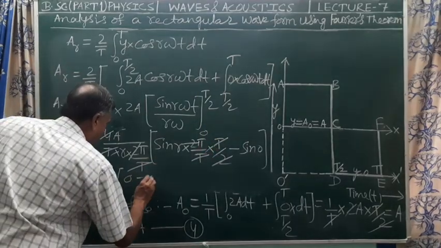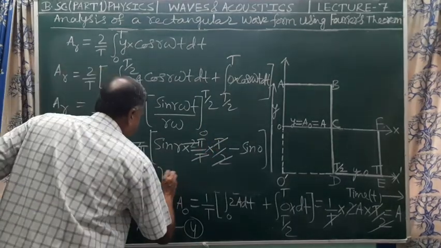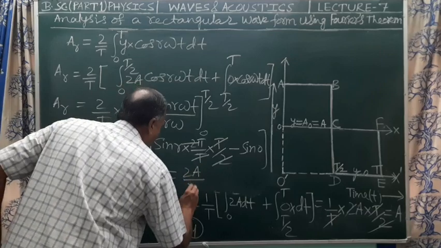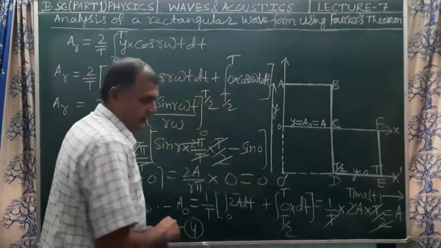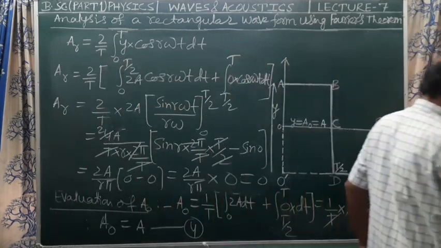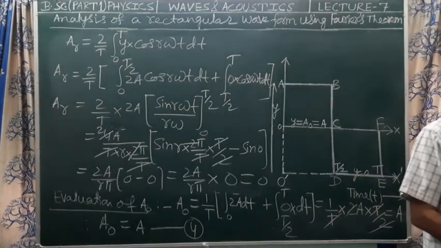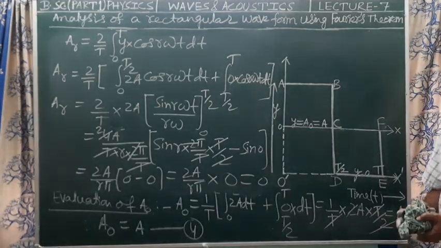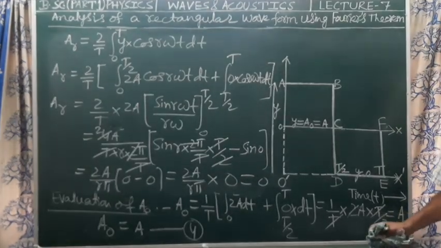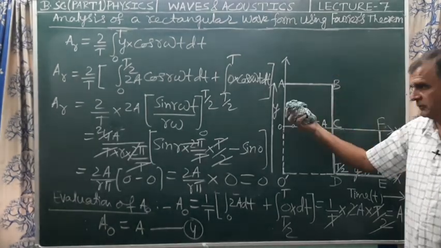So 0 minus 0, that is a_r is 2a upon r pi multiplied by 0. Therefore a_r is 0. So the Fourier coefficient, or the amplitude coefficient a_r of the cosine terms in the Fourier series of the rectangular waveform, will be equal to 0.